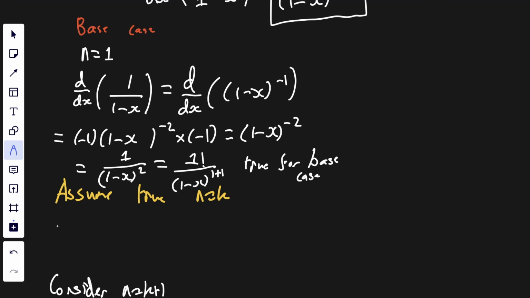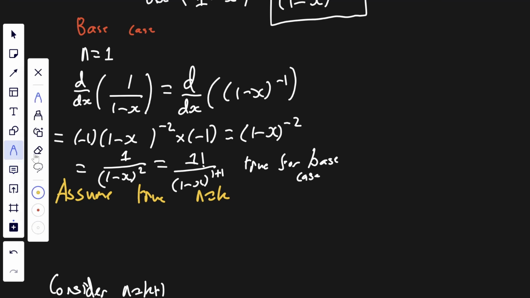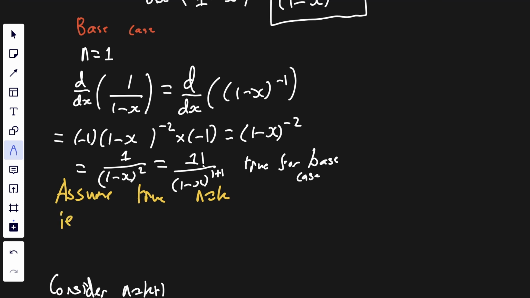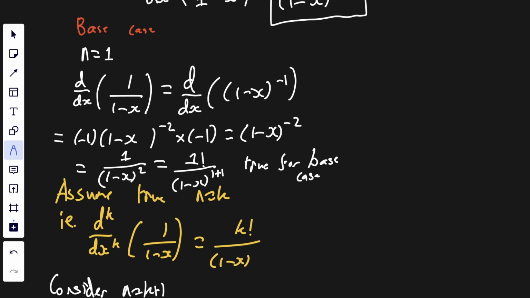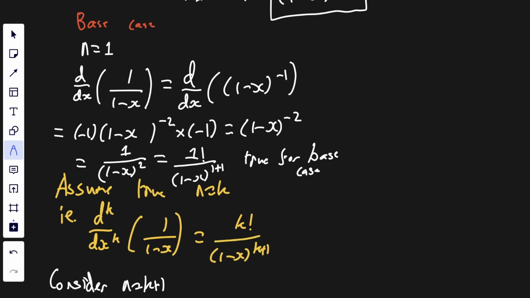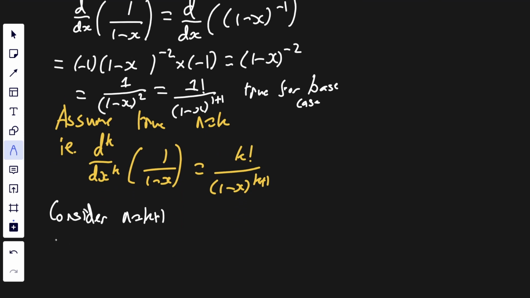Alright, now we do our assumption. So assume true for n equals k, i.e. the kth derivative of 1 over 1 minus x is equal to k factorial over (1 minus x) to the k plus 1. So as always, we're just replacing k with n. Next, we're going to consider n equals k plus 1.